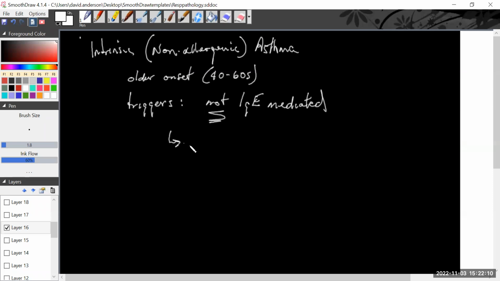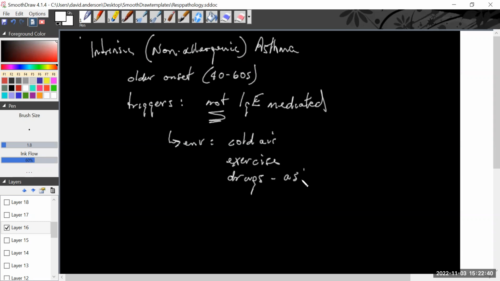Environmental factors like cold air cause a reactive type of bronchospasm when the bronchial airways are exposed to that extreme temperature. Exercise, where there's a call for bronchodilation, but instead we get bronchoconstriction.